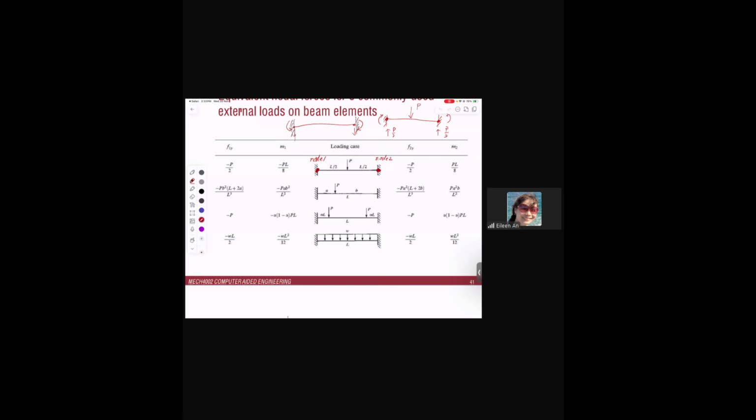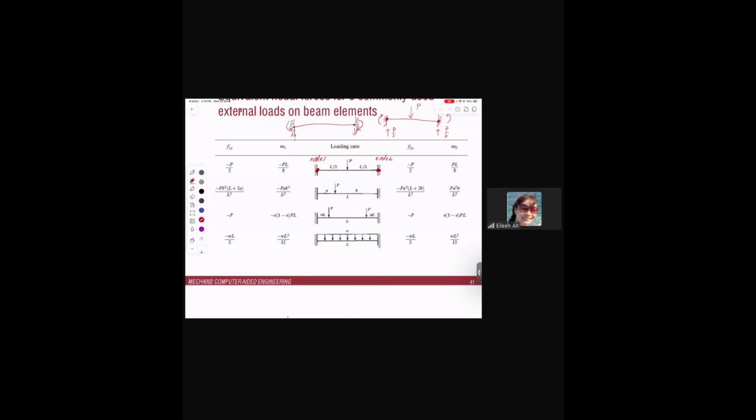And at the same time, there are two moments, right? The left side, the moment is minus W, which is the intensity of the distributed load, L squared over 12. And at the right side, a positive value.